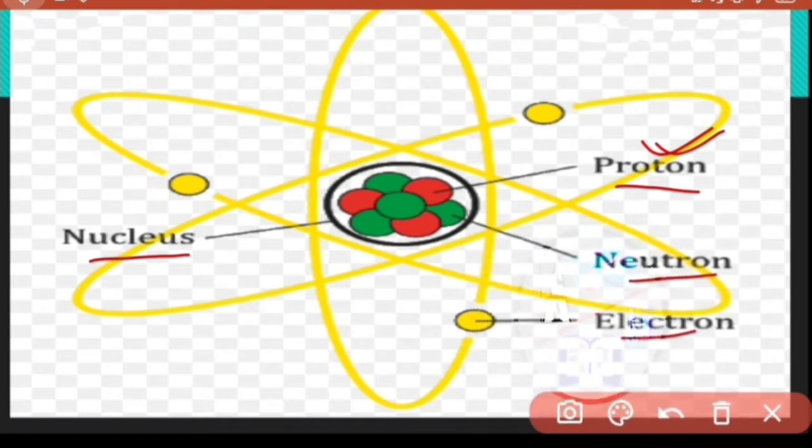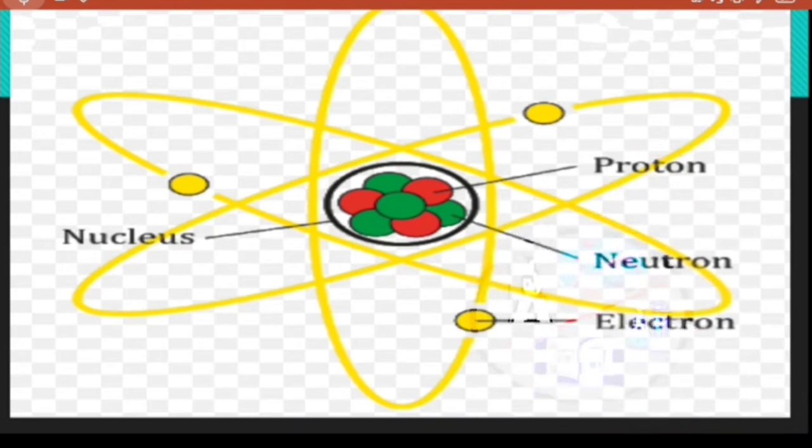Protons, electrons and neutrons are the fundamental subatomic particles of an atom, as these three particles are present in each and every atom of each and every element. Due to the presence of these positive protons and negative electrons, the atom is electrically neutral.